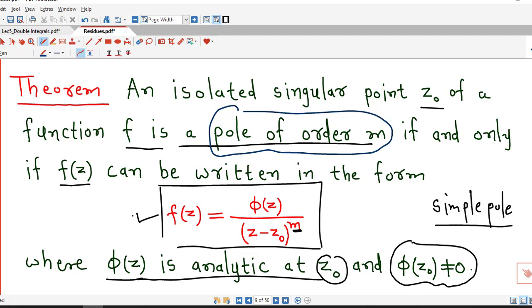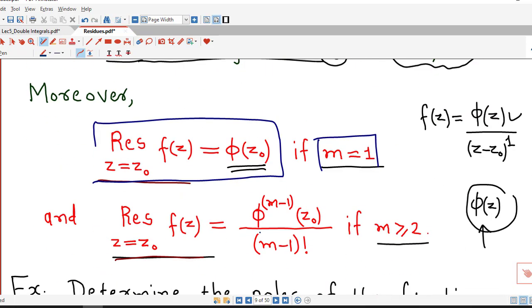So if we are able to write f of z in this form, phi of z over z minus z0 raised to m, then we can say that if phi of z is analytic at z0 and the value of phi at z0 is non-zero, then the function f of z has a pole of order m at z0 and the residue of f of z is given by this formula.